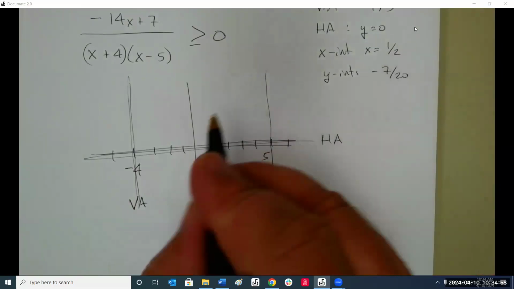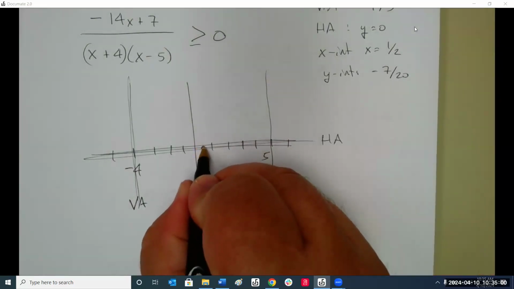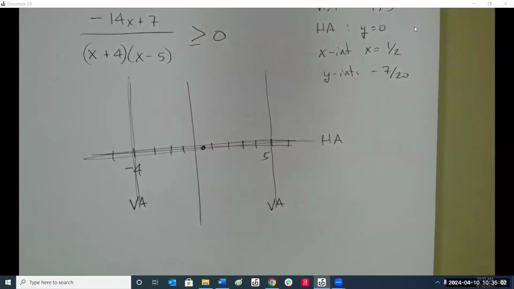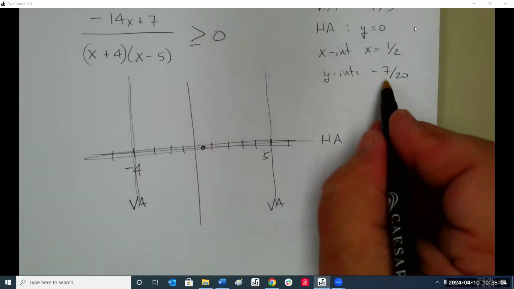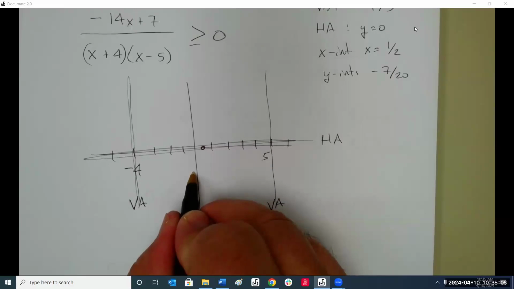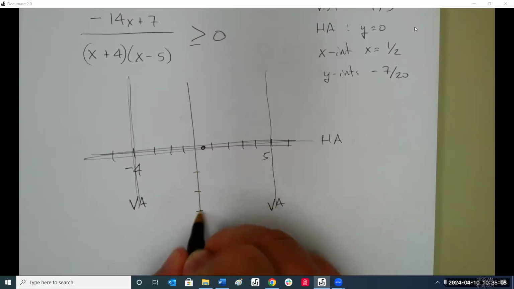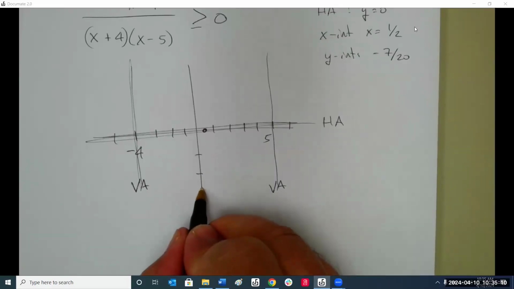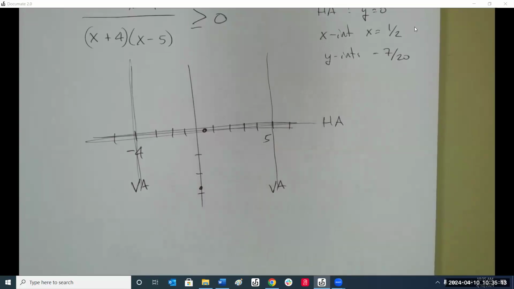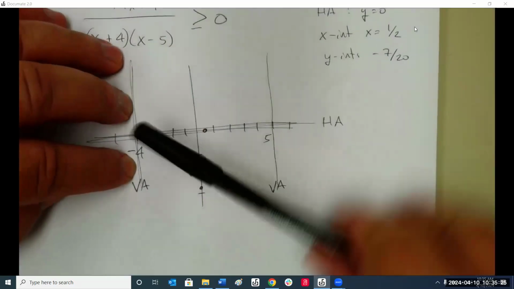The x-intercept is at 1/2. The y-intercept is at -7 over 20, which is just short of 3. How do we graph this picture now? We have two vertical asymptotes and a horizontal.